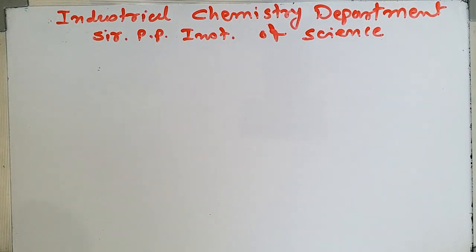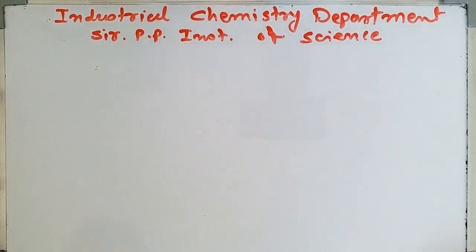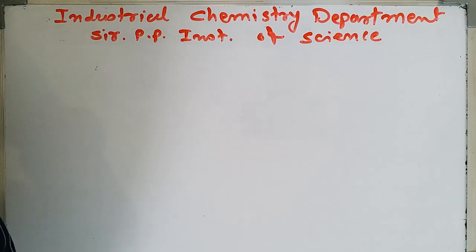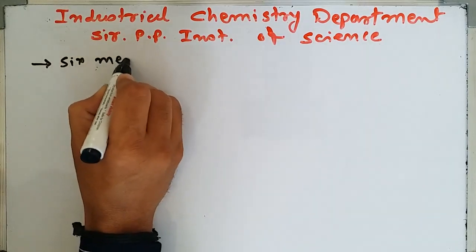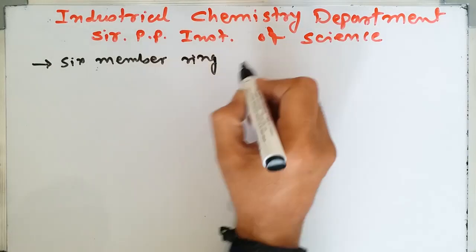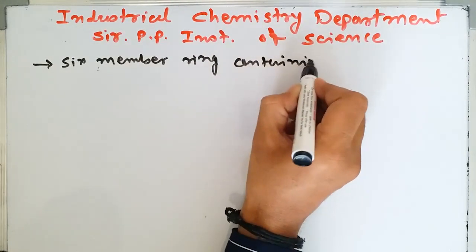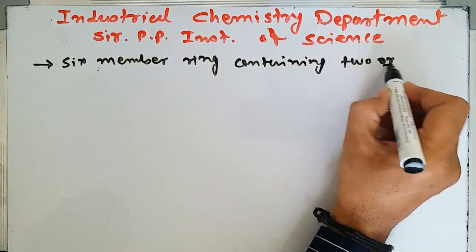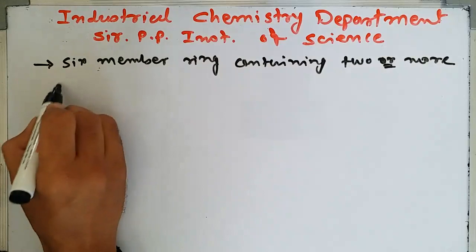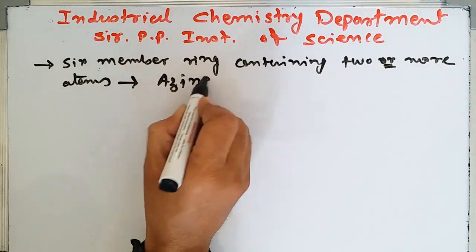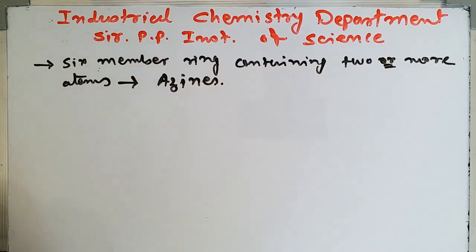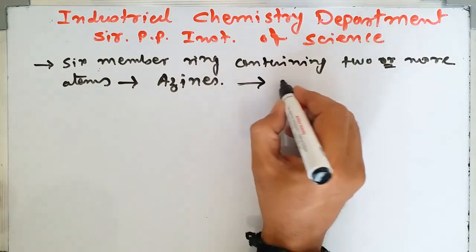Now we see the six-member ring containing two or more heteroatoms, a very important class, and all are known as azines, also known as diazines.